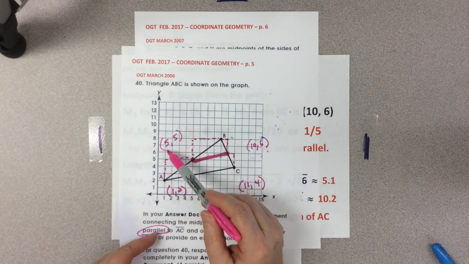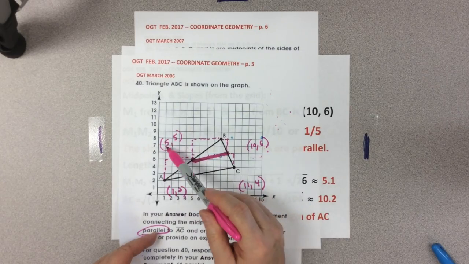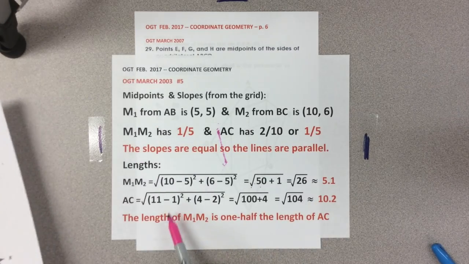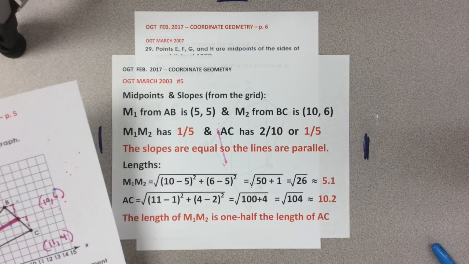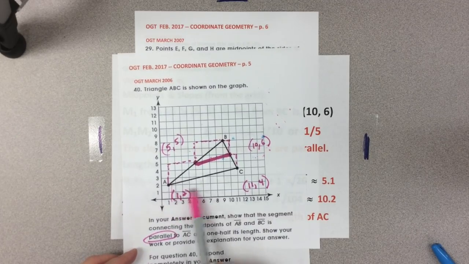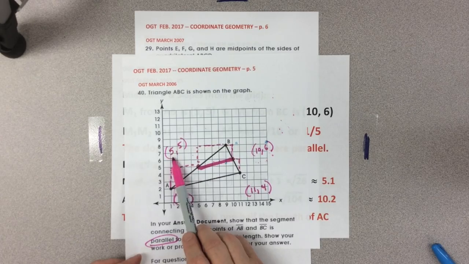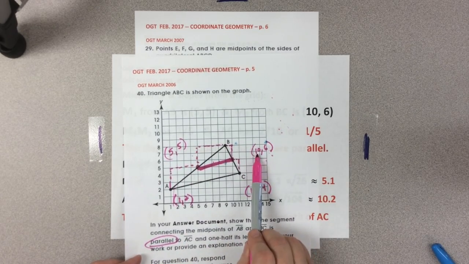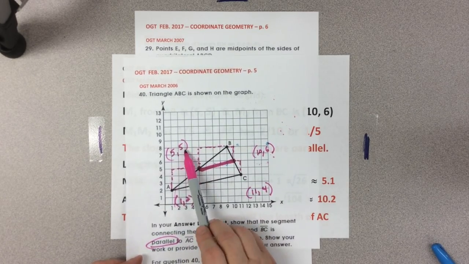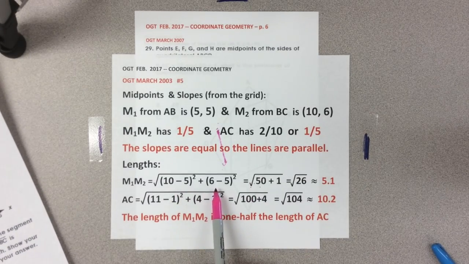So these are the x's being subtracted, and these are the y's, 5 and 1, 5 and 2. Oh, I'm sorry. No, I'm not subtracting those. Excuse me. I have to find this segment here and this segment. So I'm doing (5, 5) and (10, 6). So 10 minus 5 and 6 minus 5. So here's my 10 minus 5 and my 6 minus 5.